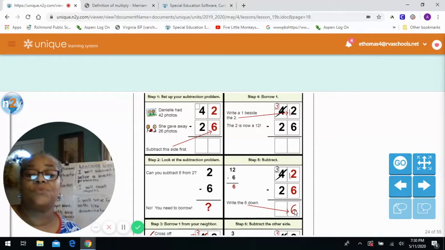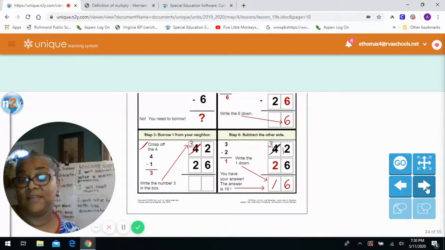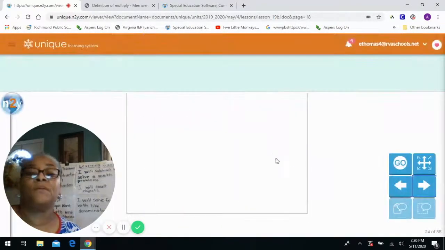So now we can subtract. So we have 6 here, right? The 6 in the ones place. Now we have what? 3. So 3 take away 2 is what? We're going to write it down. 3 minus 2 equals 1. So your answer is what? 16. Good job.